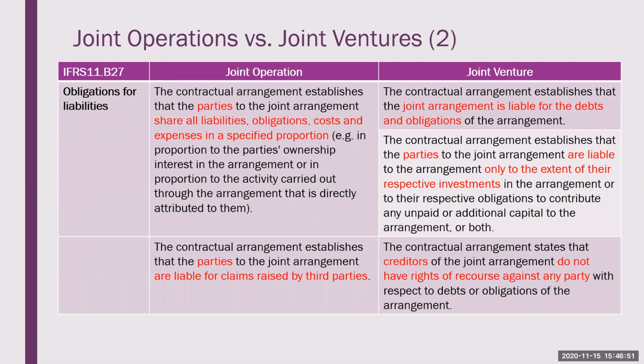As far as obligations go, if the parties share all liabilities, obligations, costs, and expenses in a specified proportion, and the parties are liable for claims raised by third parties, then it's a joint operation. Whereas if, on the other hand, the joint arrangement is liable for its debts and obligations, not the parties owning it, the parties are only liable to the extent of their respective investments, and the creditors don't have any rights of recourse against either owner, well, then it would be a joint venture.